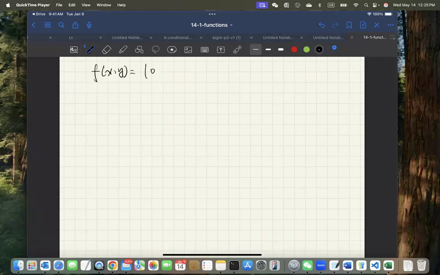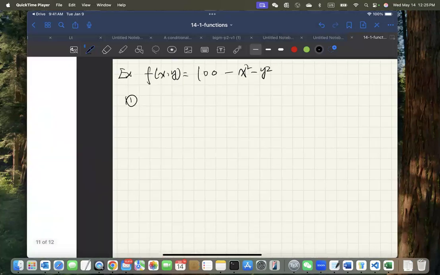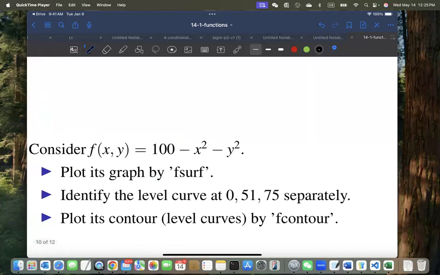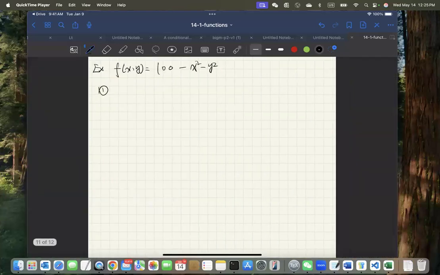The given function we have is this. First, we want to use fsurf to look at the graph.